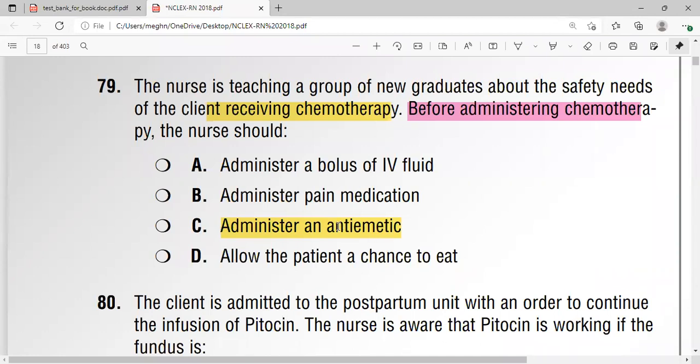It is not necessary to give a bolus IV fluid or pain medication or allow the client to eat. Therefore, answer A, B, or D are incorrect.